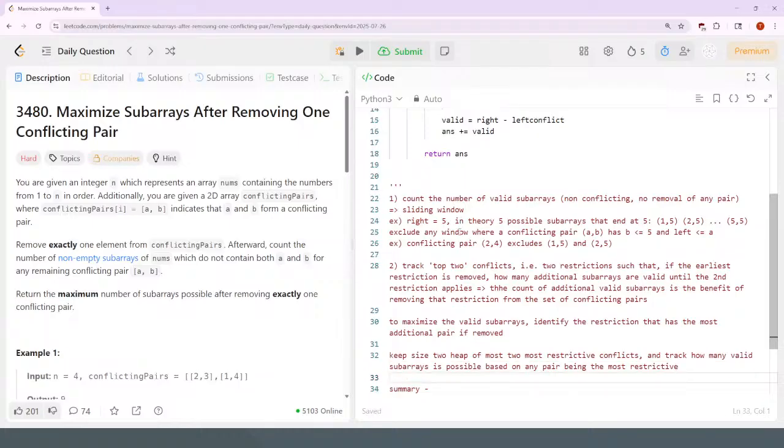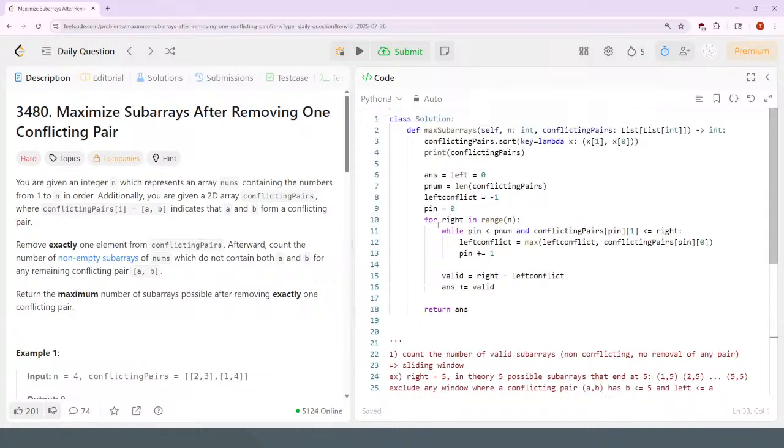So if I have, let's say, pair 1 versus pair 2, every time pair 2 is the most restrictive compared to pair 1, if I have a count for the number of valid subarrays that are generated when pair 2 is removed and pair 1 applies, then for every pair 2 in the array, yeah, I can keep track of that count.